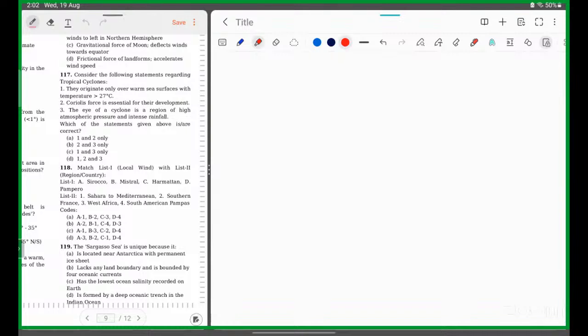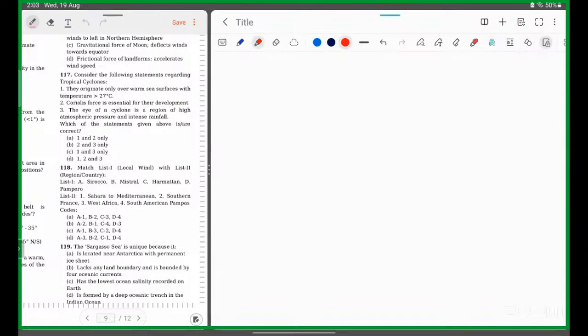The next question is match the local wind with the correct reason. So going by the options, the answer will be D, A3, B2, C1 and D4. So A will go to 3.